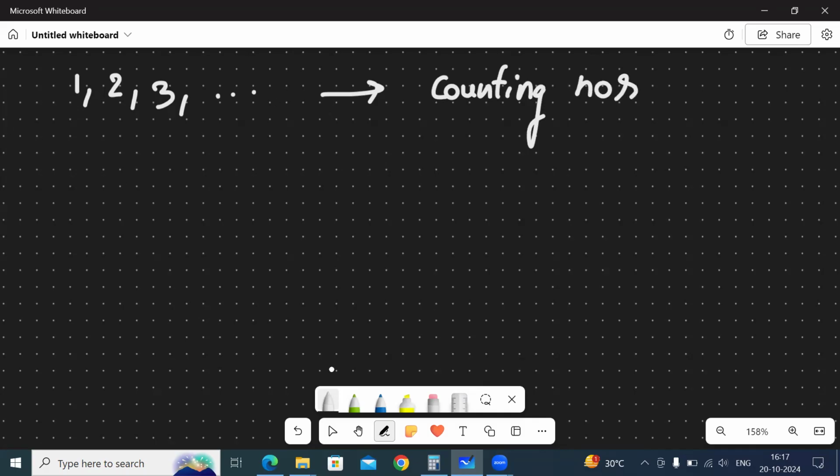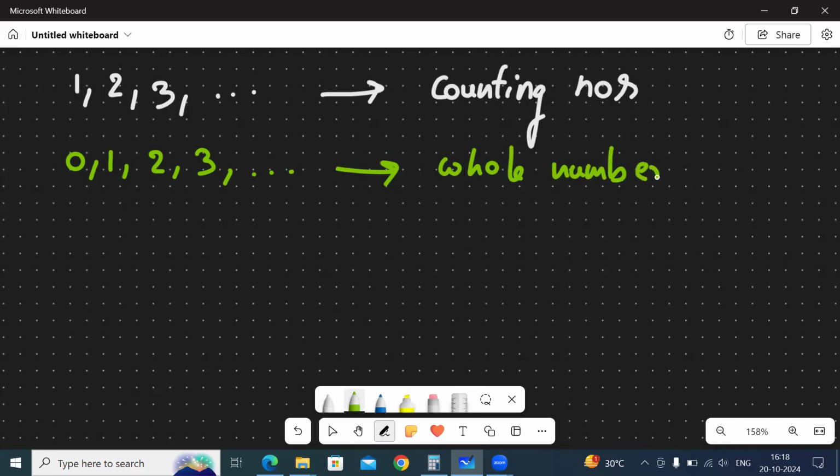Either way, you can call them that. And if you are counting starting with 0, 1, 2, 3, and so on, then these are the whole numbers. Okay. So I would like to give you some examples with which you can identify whether it is a whole number or a counting number.